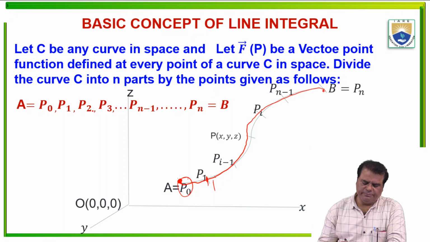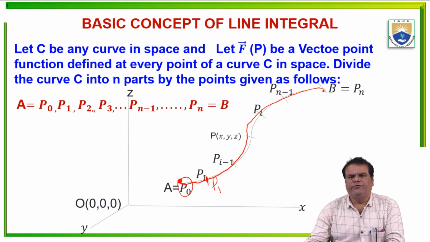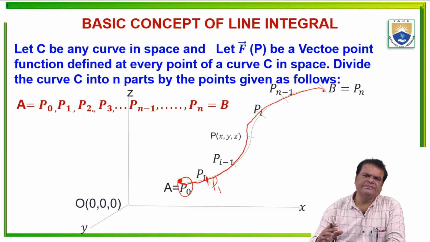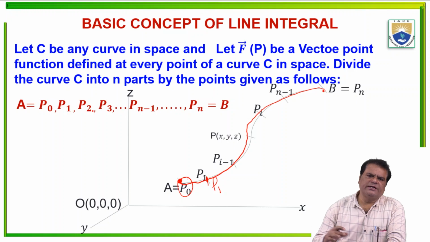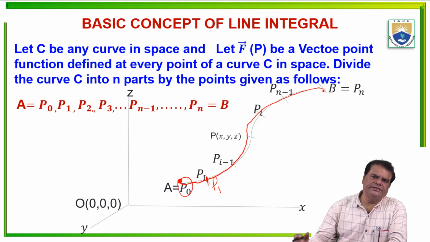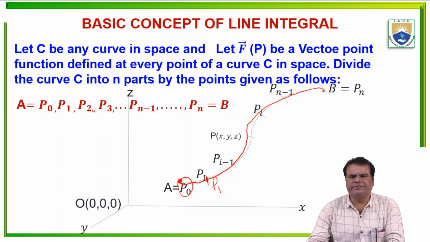There are several points on the curve from the point A to B, and the positions of the points are different. If the position changes, then the value of the point changes in the coordinate system.